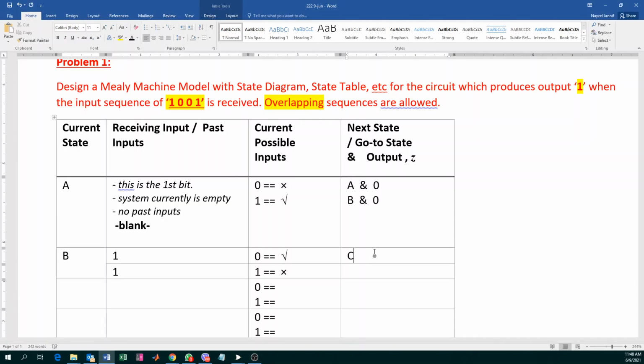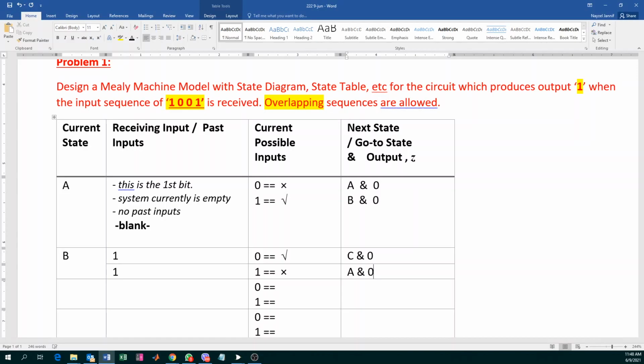You go to C, right? From B to C. And over here, because you've got a 1 1, what do we consider about 1 1, guys? Well, the only place we can go back is to A. But over here, your outputs are still 0 because you still have not achieved your particular 1 0 0 1.